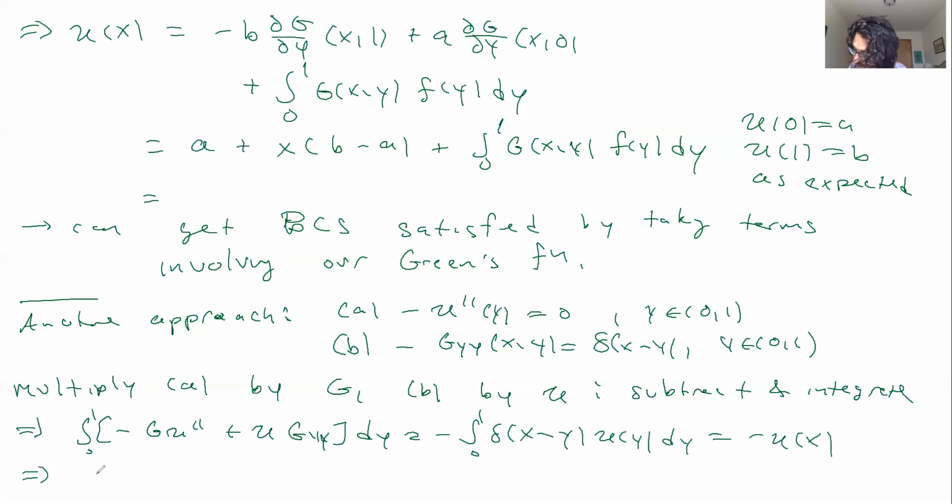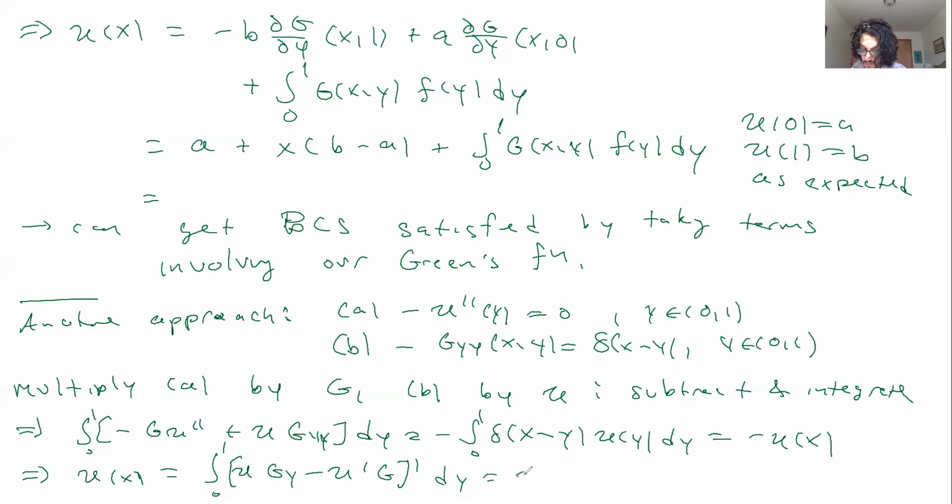So what's cool about this then is that this is another way of getting a solution, okay, of a much more general form, which is that you can integrate u times g_y minus u' g differentiated.